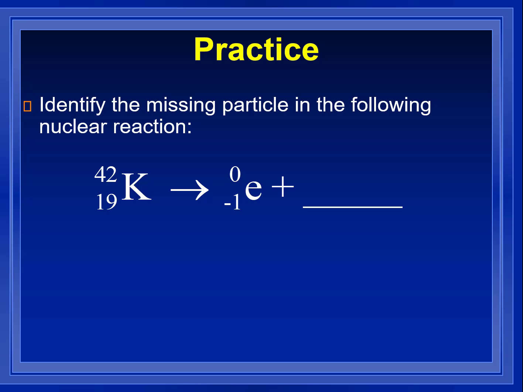So, identifying the missing particle. Well, I've got potassium-42, and then I make a particle. What's the top number got to be? 42. What's the bottom number got to be? What minus 1 gives me 19? That would be 20. And number 20 is calcium.